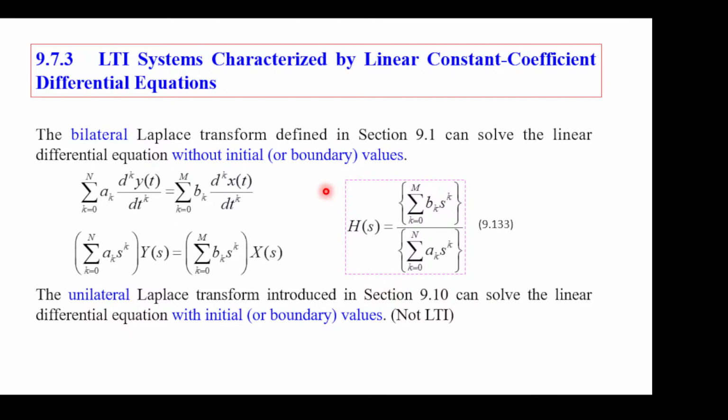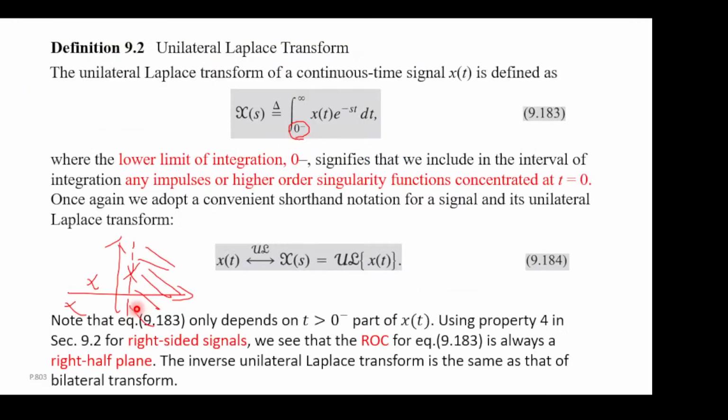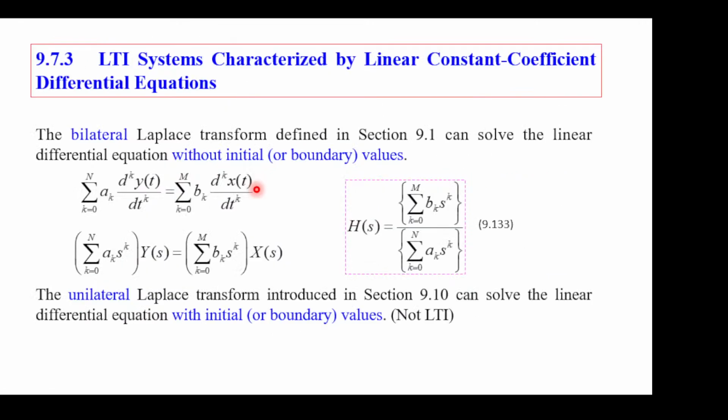And then we spent quite a bit of time talking about these extra things. So we actually have another kind of Laplace transform, which we call the unilateral Laplace transform. And it can also be used to solve differential equations, but with initial or boundary values.